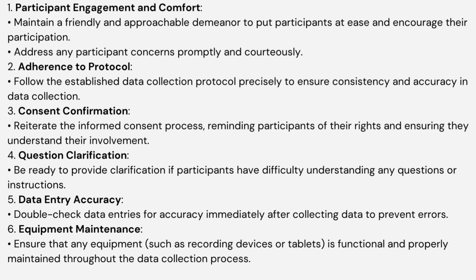Data entry accuracy. Double check data entries for accuracy immediately after collecting data to prevent errors. Equipment maintenance. Ensure that any equipment such as recording devices or tablets is functional and properly maintained throughout the data collection process. Environmental consideration.